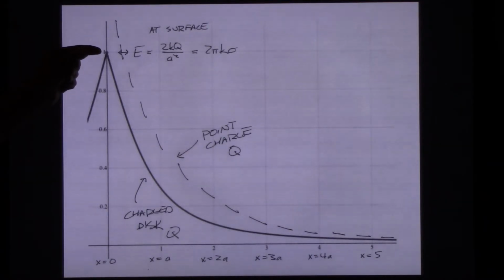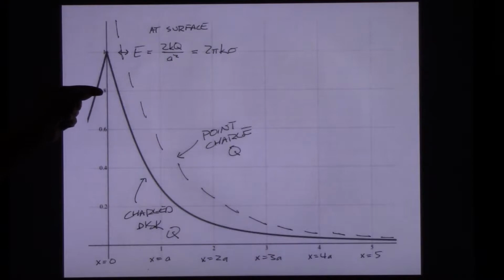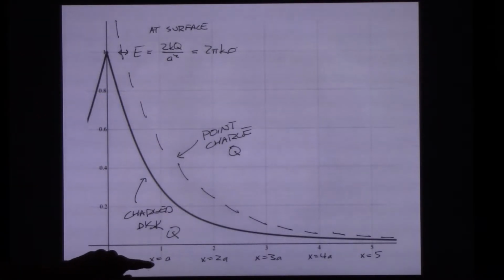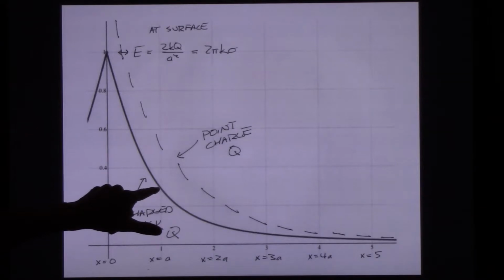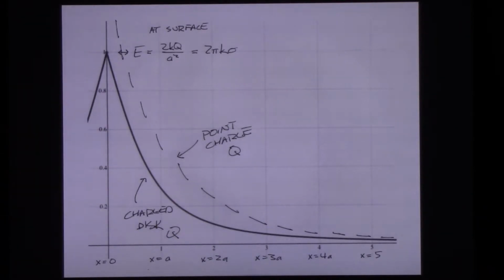We said that if 1 represents the electric field at the surface, actually 2 pi k sigma, then here is 80% of that, 60, 40, 20. And by the time x equals a, where a is the radius of the disk, we've dropped down to 30% of that peak value.